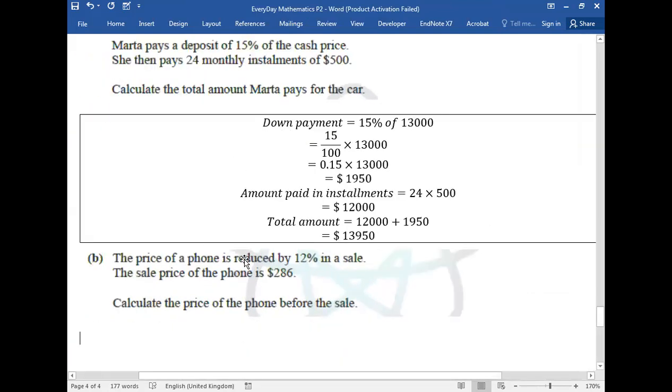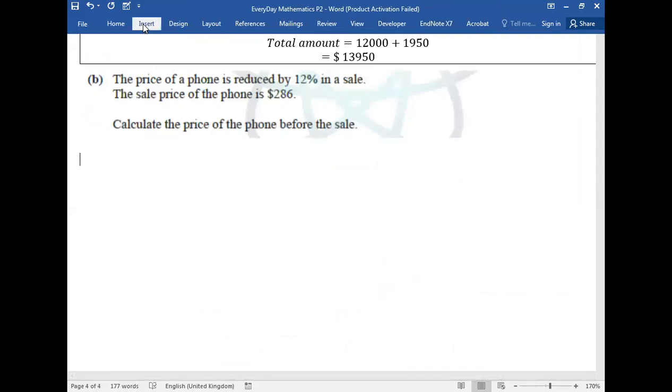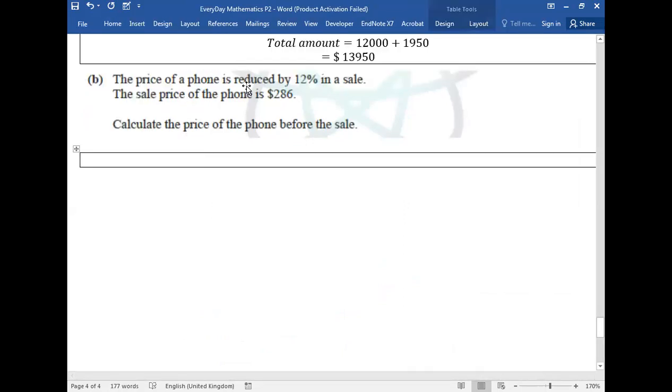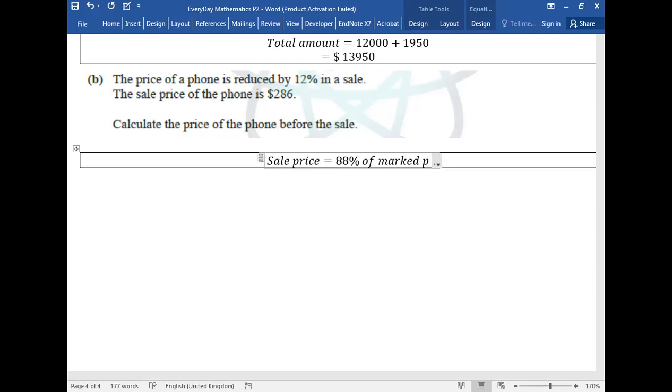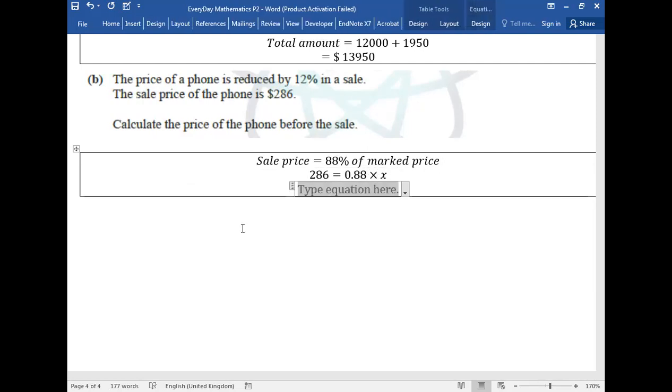Okay, class, let's have a look at part B. The price of a phone is reduced by 12% in a sale. The sale price of the phone is $286. जिसको मार्क प्राइस कहते हैं, सवाल वो पूछ रहे, कहना है कि सेल प्राइस is 88% of the mark price. Do I know the sale price? 88% को how do I write in decimal? 0.88, and mark price I do not know.